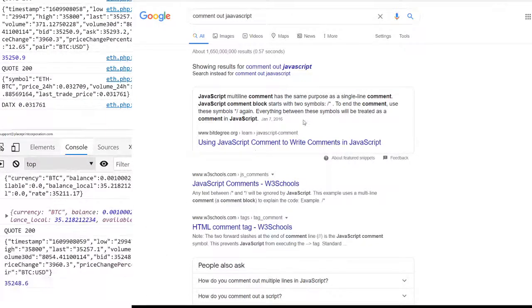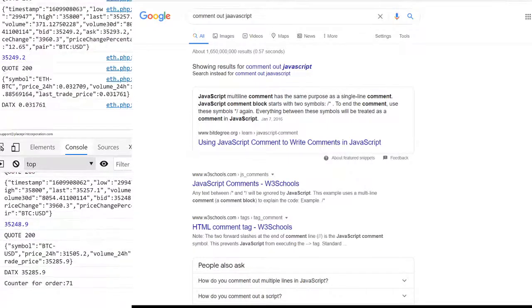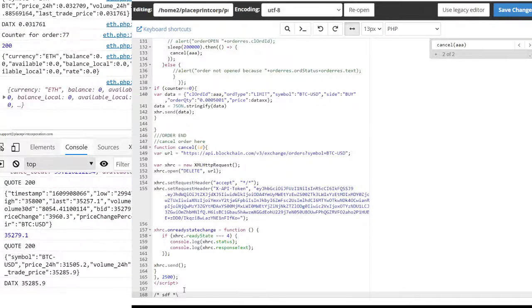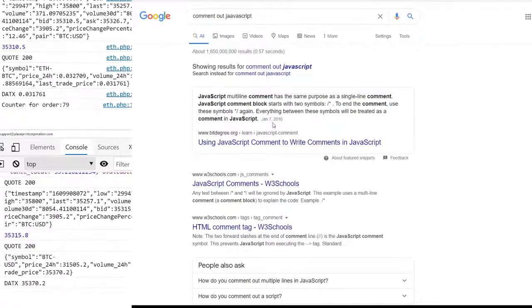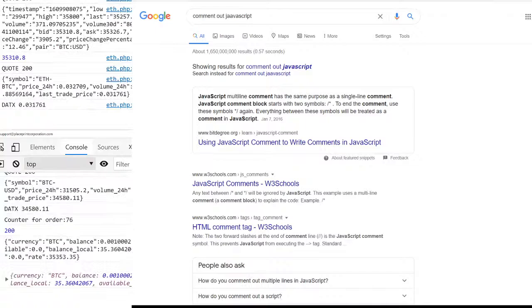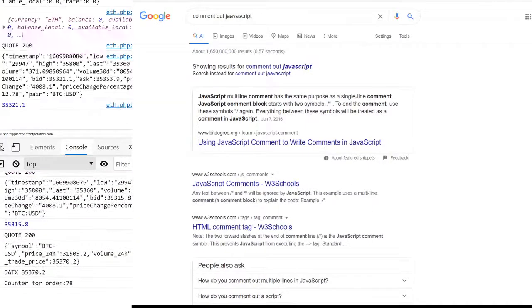Okay, start with two symbols, and then use that again. Yeah, I was doing that. What's the big idea? Use these symbols again. Oh, yeah, I'm pretty sure I did that. Star forward. Star forward. Okay.